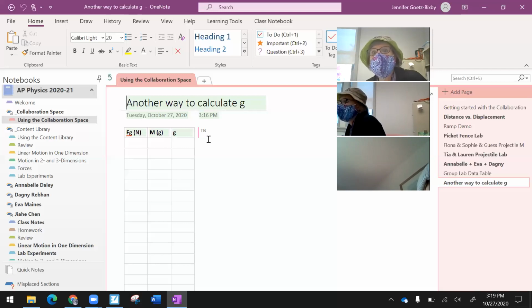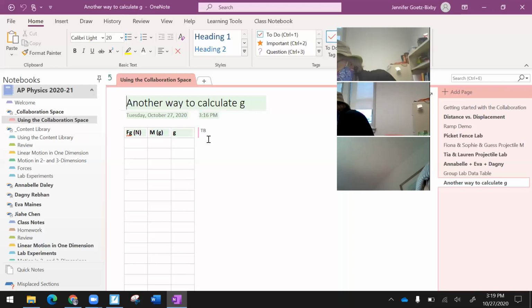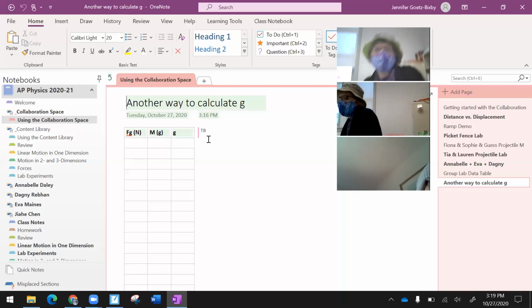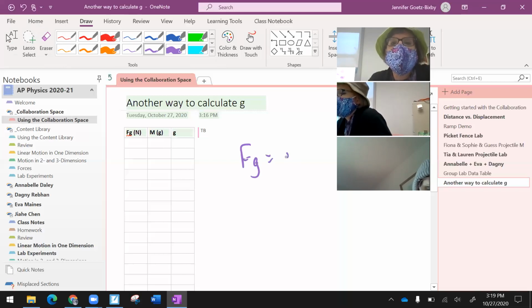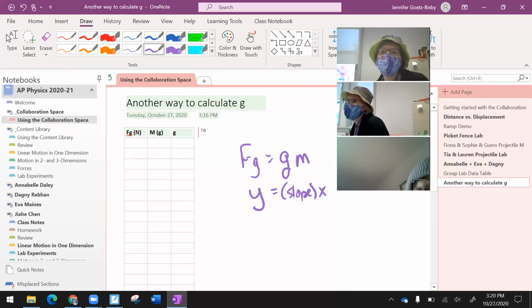So that's going to go on the y-axis. So we have Fg equal to Gm. This is my y, equal to my slope times my x, right?